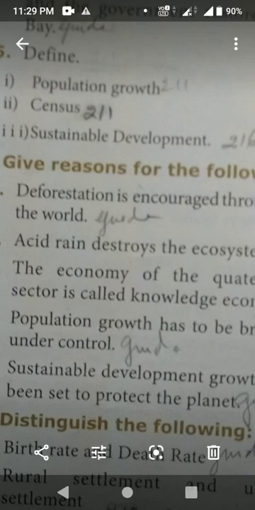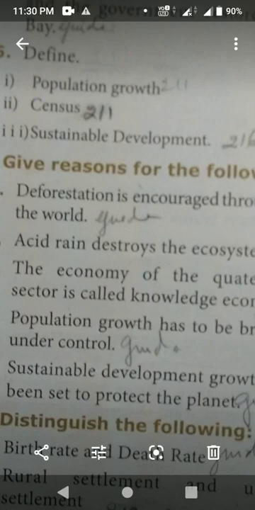Next, census. That same page number 211. Under the heading population growth, that last box is there, isn't it? Census, the first 4 lines. Census is an official enumeration of population carried out periodically. It records information about the characteristics of population such as age, sex, literacy and occupation.